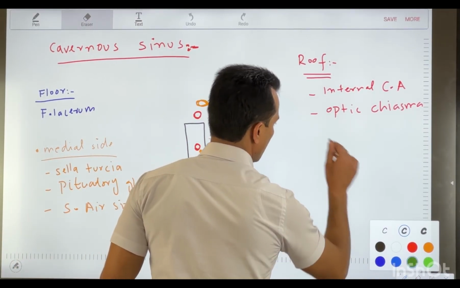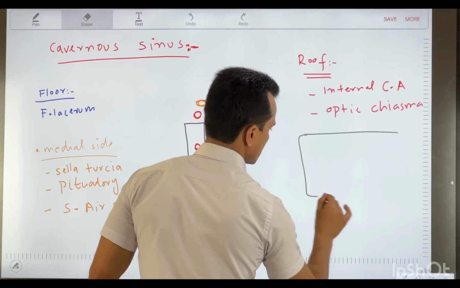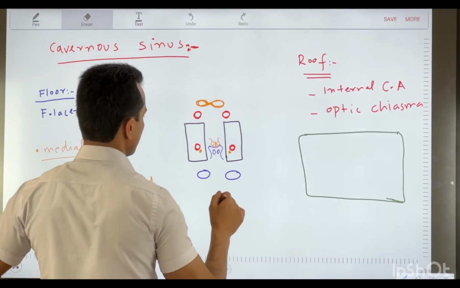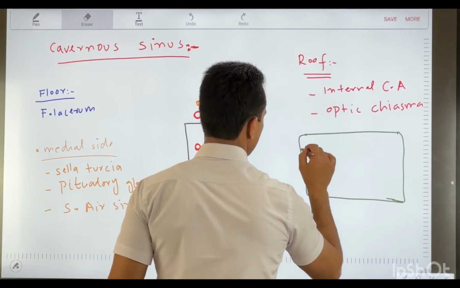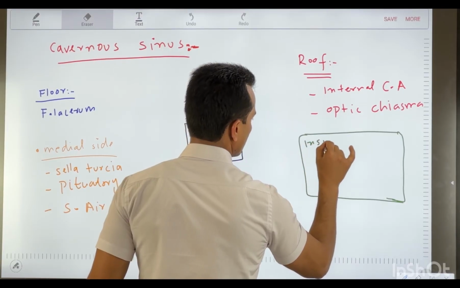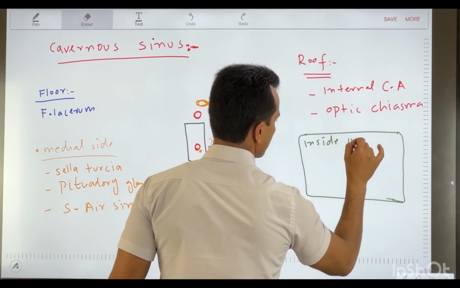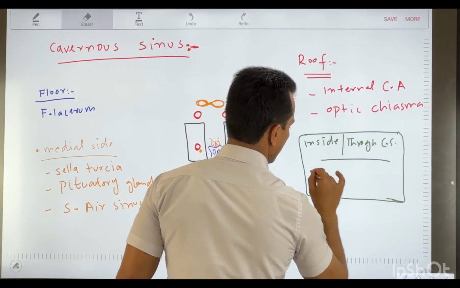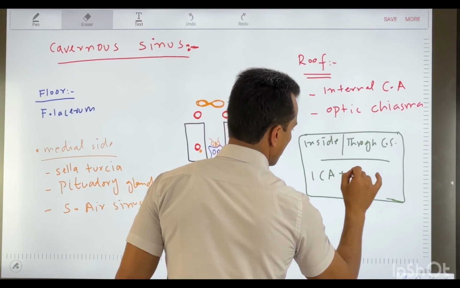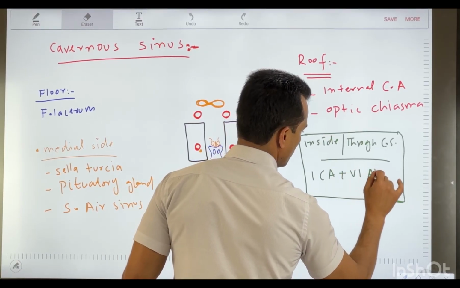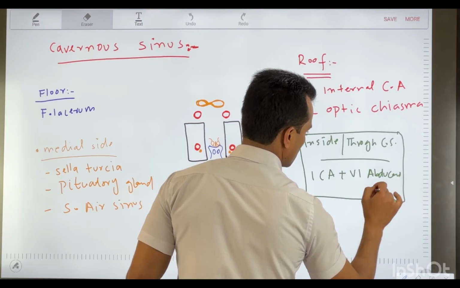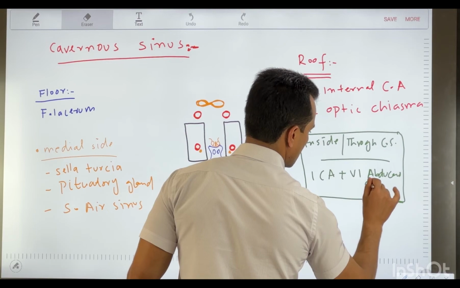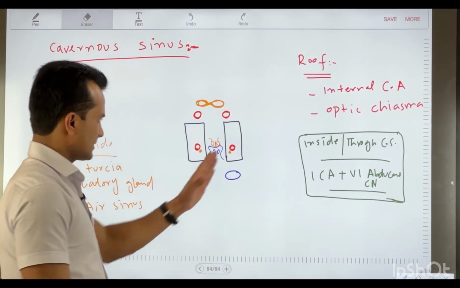So let me highlight, I will write this in a box. In the Chinar box I am giving you one question: structures passing inside or through the cavernous sinus. Through the cavernous sinus you have got the internal carotid artery plus the sixth cranial nerve, abducens, which supplies the lateral rectus, outward movement of the eyeball. Abducens, sixth cranial nerve, inside the cavernous sinus.